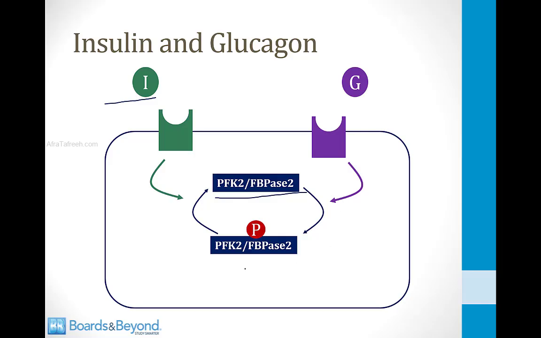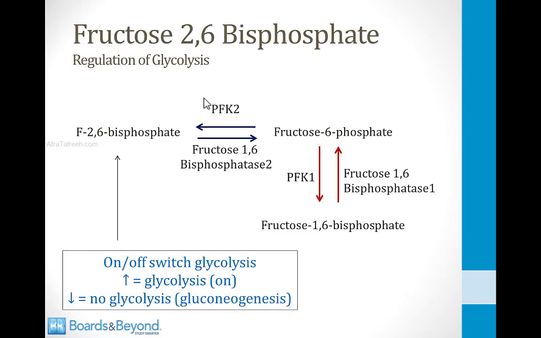Glucagon, on the other hand, likes to drive these two enzymes to be in the phosphorylated state because that favors gluconeogenesis. So what I just showed you on the last slide is that glucagon leads to phosphorylation of these two enzymes right here. Insulin leads to dephosphorylation of these two enzymes here. And by doing that, that's the way insulin and glucagon manipulate the levels of 2,6-bisphosphate inside of cells.